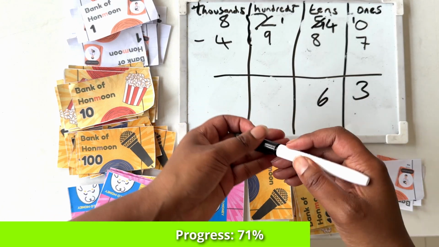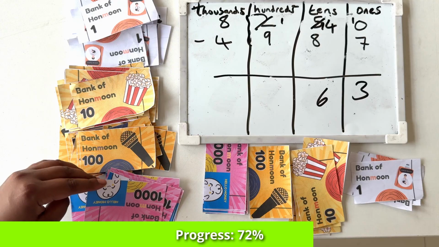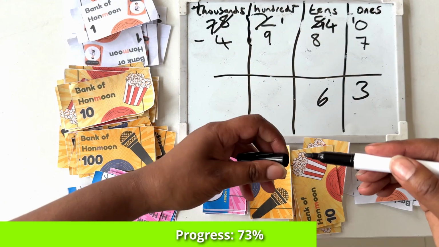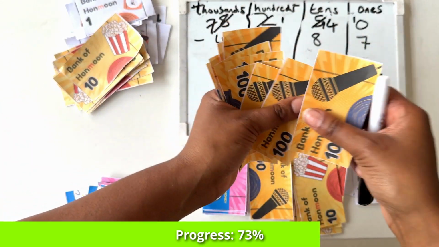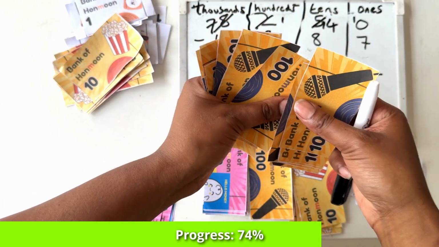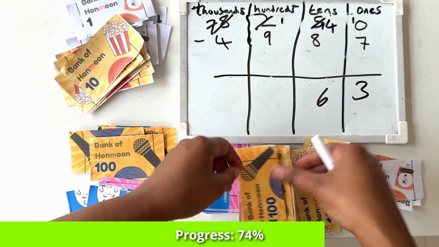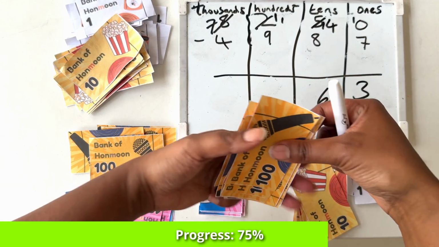With the 1 100, we need to take away 9, so we're going to take 1 from the thousands, so this becomes 7, and swap it for 10 100s. 1, 2, 3, 4, 5, 6, 7, 8, 9, 10, which is 11 100s.